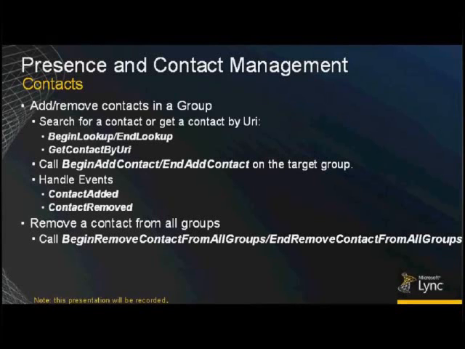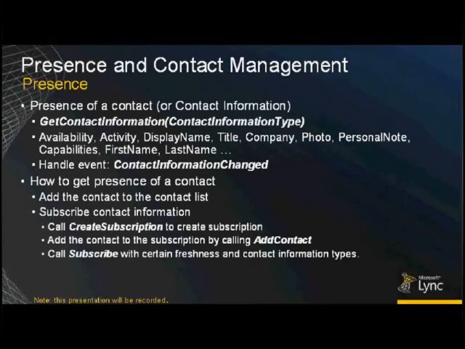So I don't have a demo for this presentation. I'll go to the next topics for presence. So presence of a contact is usually what we call presence in our group, but it's also called contact information. So you can get contact information by calling get contact information.